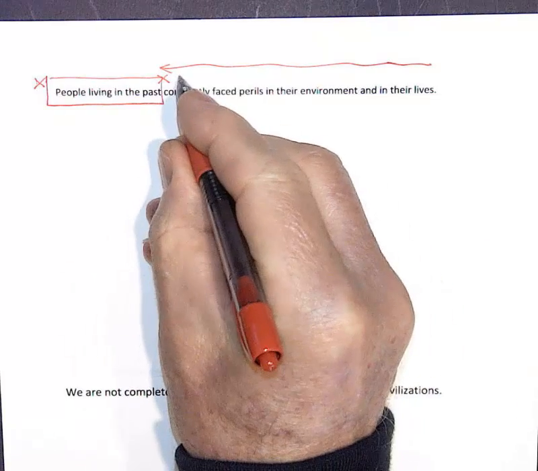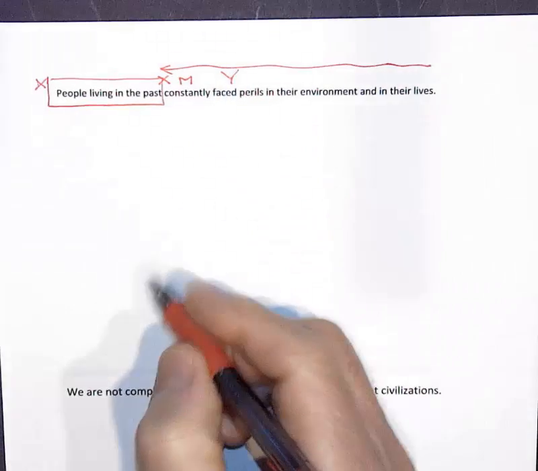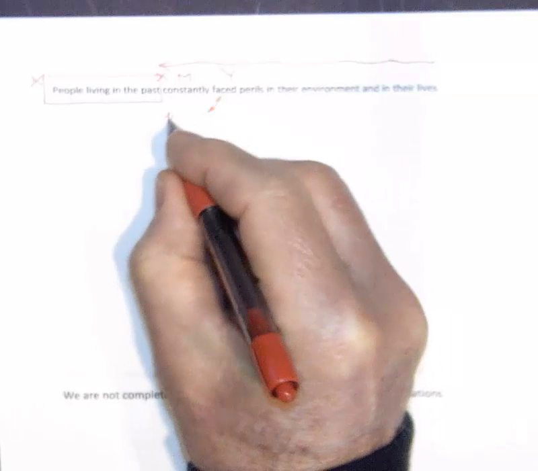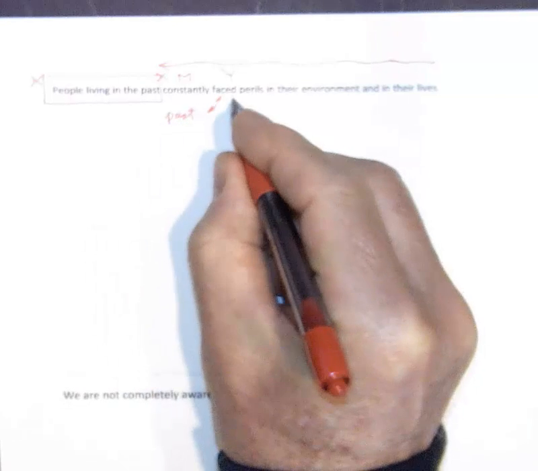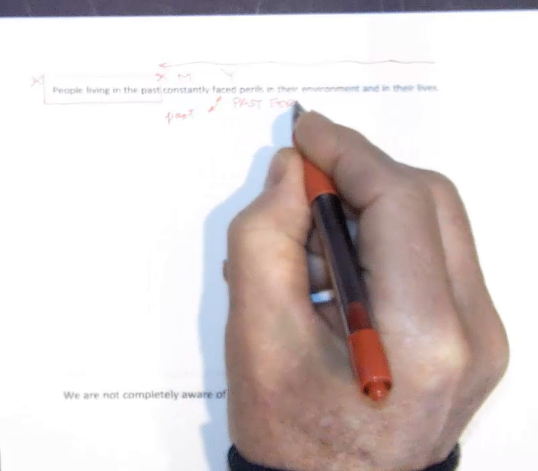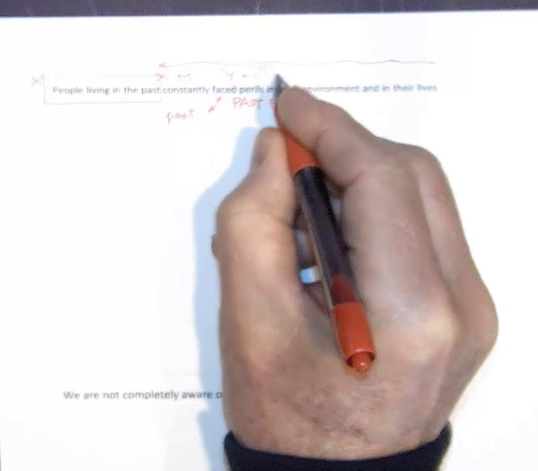Now the M place is constantly, and faced perils in their environment. Now face ties with the past. It's the past form. It's a verb phrase with time.